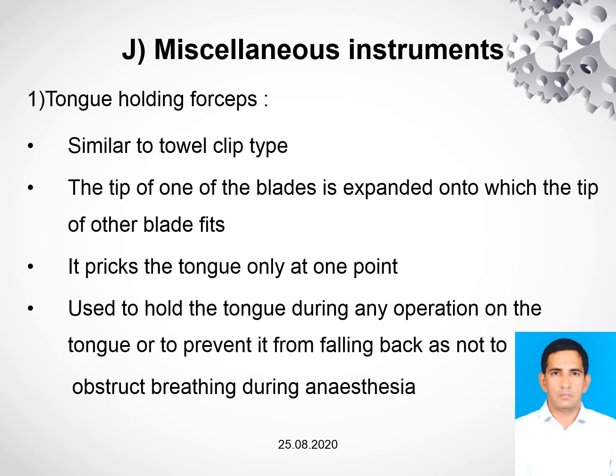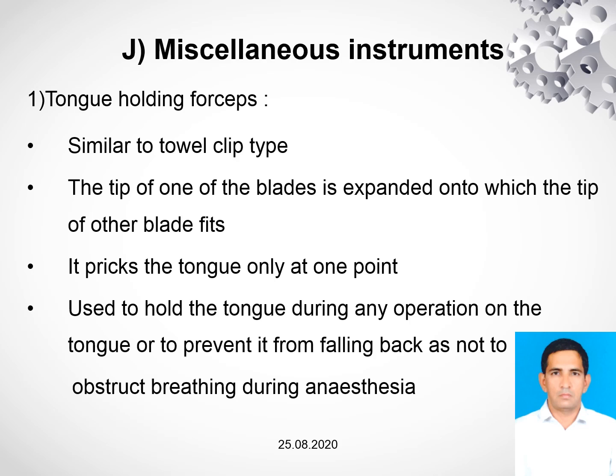Miscellaneous instruments. Tongue holding forceps, similar to the towel clip type, and the tip of one of the blades is expanded onto which the tip of the other blade fits.